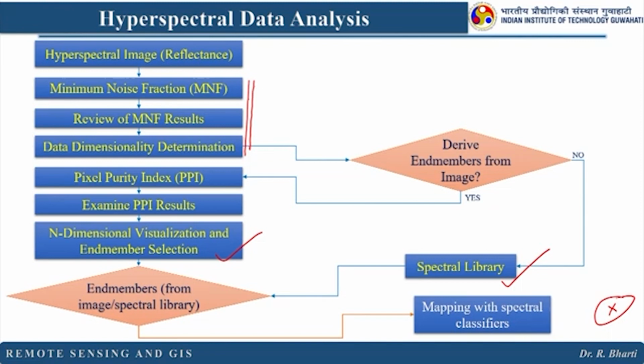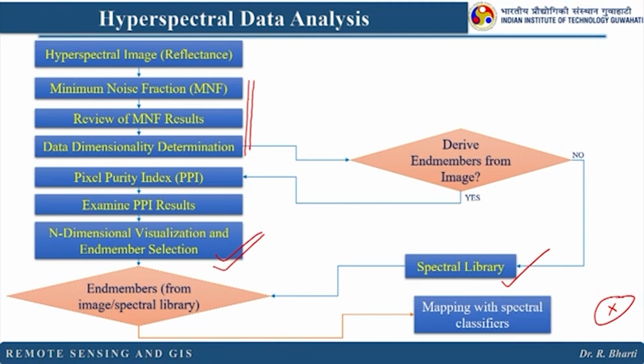So in case I am going with the image derived end member, then I will be using that image end member as reference, and I will be using that as input in my spectral classifier to classify my hyperspectral image.